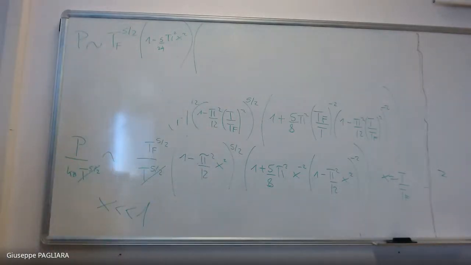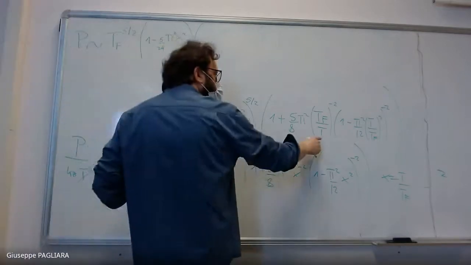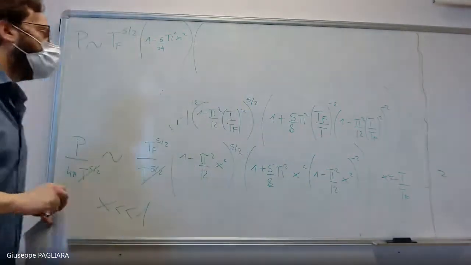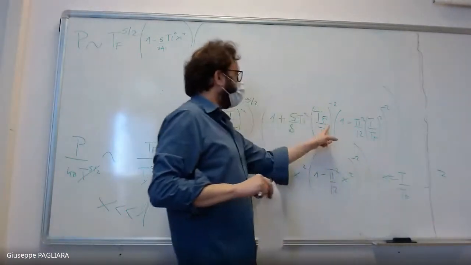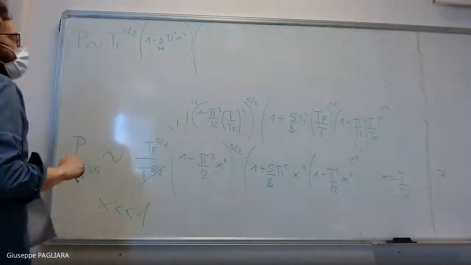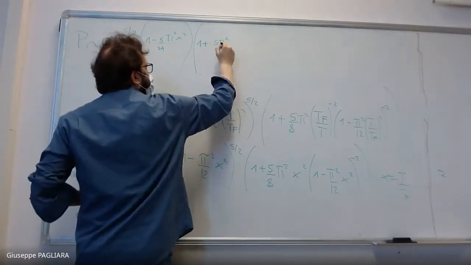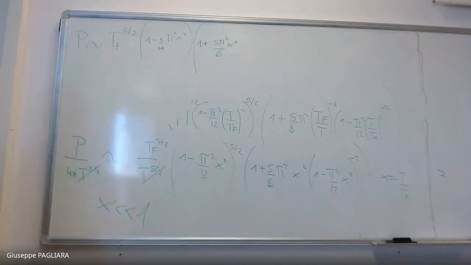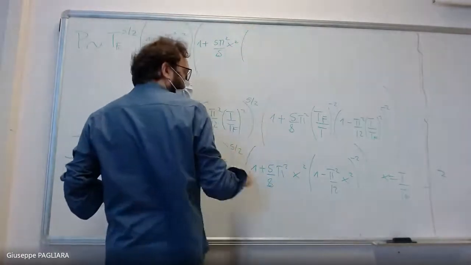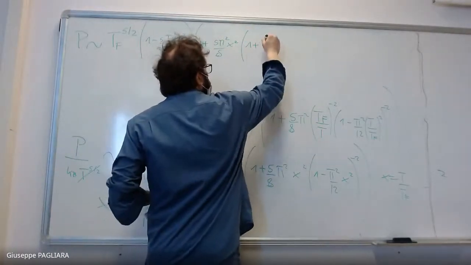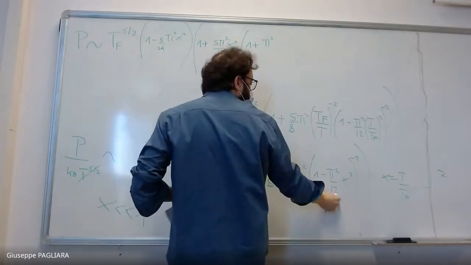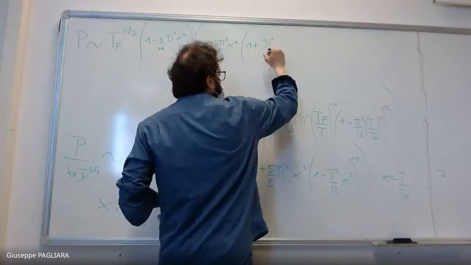Then here, let me see what I get. Actually, this is x squared because x is T divided by T_F, and this is T_F divided by T. So then I have 1 plus 5 pi squared divided by 8 x squared, and here you have another correction, which is 1 plus pi squared times minus 2 divided by 12, with the minus becoming 6 x squared.